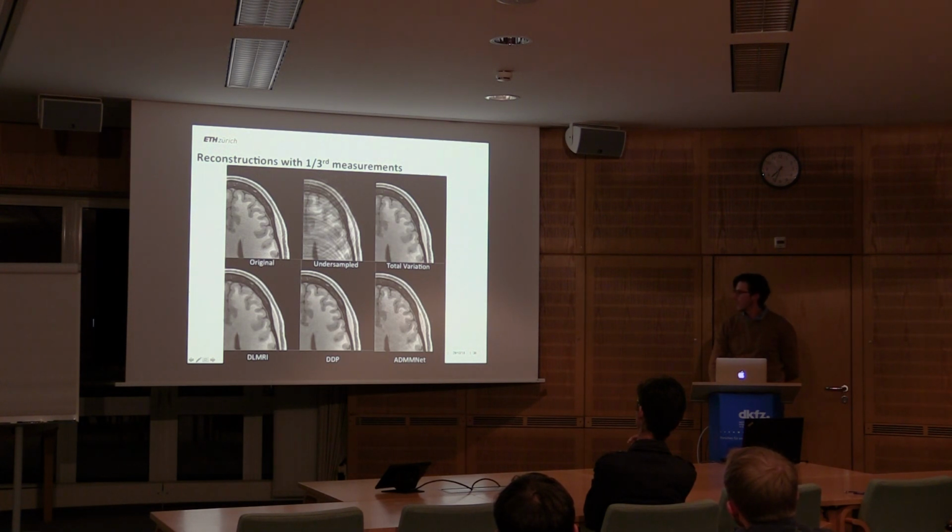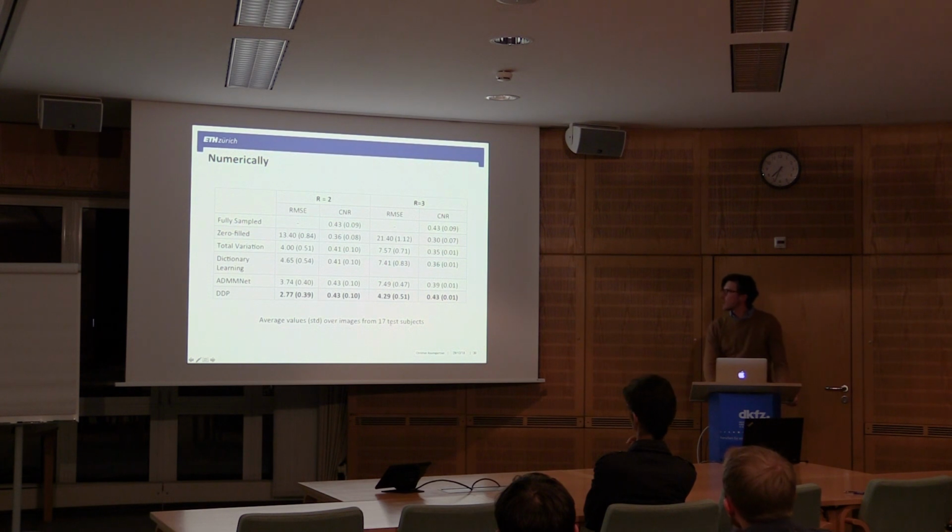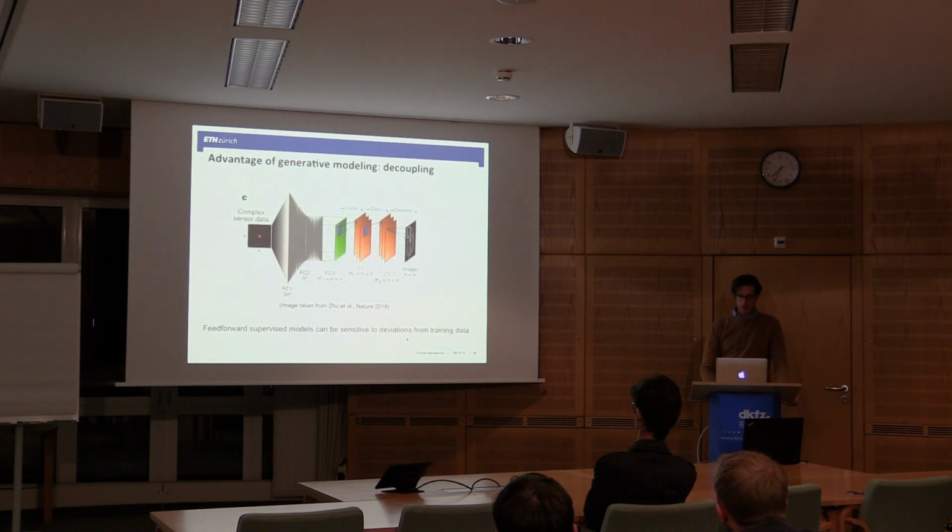And this is a different work that's also based on neural networks, and this also outperforms that work a little bit. You can also quantify this in terms of root mean squared error and contrast to noise ratio for two different undersampling factors. And we see that in both cases, the proposed method produces better results than the methods we compare to.